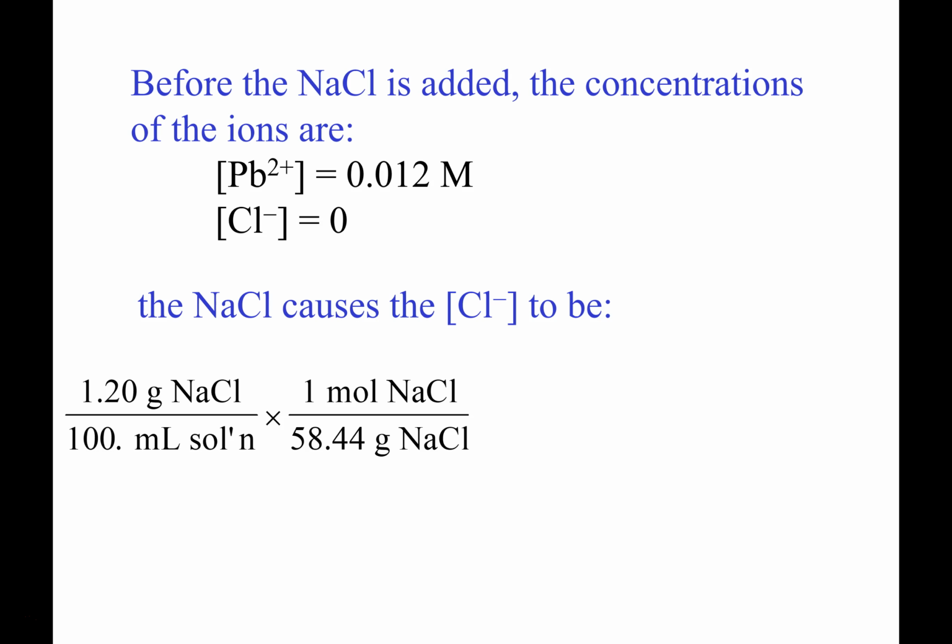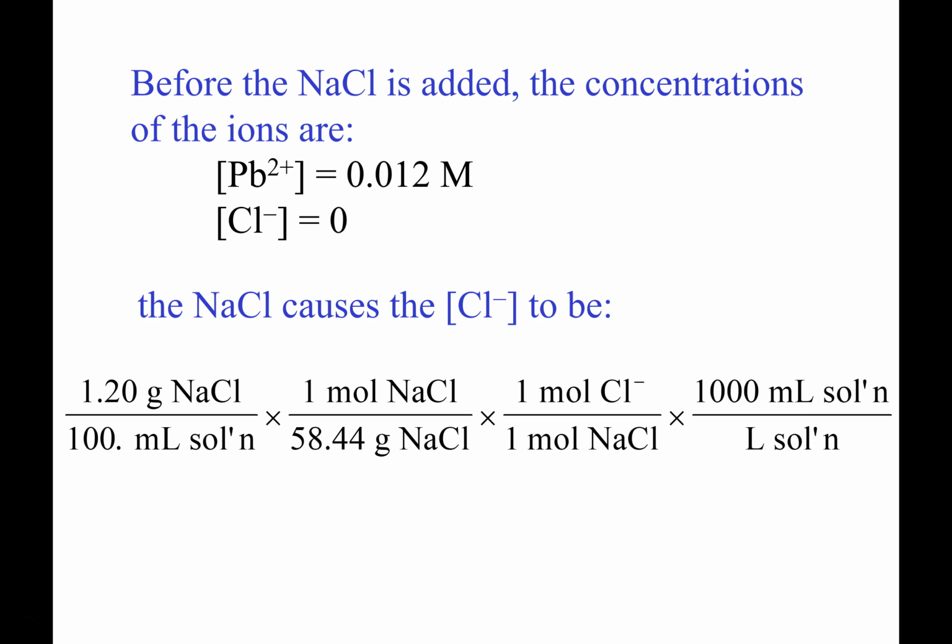I need a few more terms there, and then after that the molarity of the Cl minus. So if I introduce another term, it doesn't have to be in this order, that for every 1 mole of NaCl, I'll put that in the bottom, I get 1 mole of the Cl minus. What else do we need to fix? Yep, to liters, you got it.